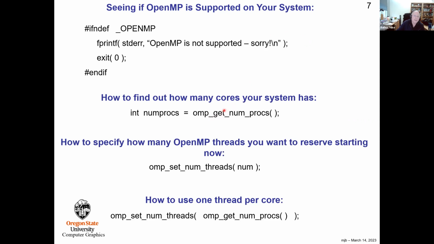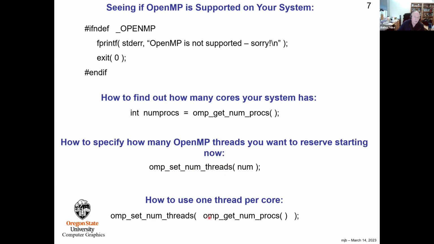To find out how many cores are on your system, there's a built-in function, OpenMP get number of processors. You can just print that out and say, yeah, hey, here's how many processors I have on my system. How many OpenMP threads you want to start using, and we'll use this function call a lot.